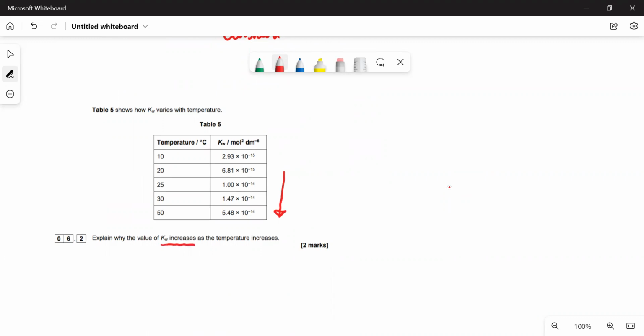Now it says explain why Kw increases. There are 2 marks going for this. So we've got to think about the reaction that's happening here. I've got water dissociating into H plus ions and OH minus ions, H3O plus really, but you know what I mean.